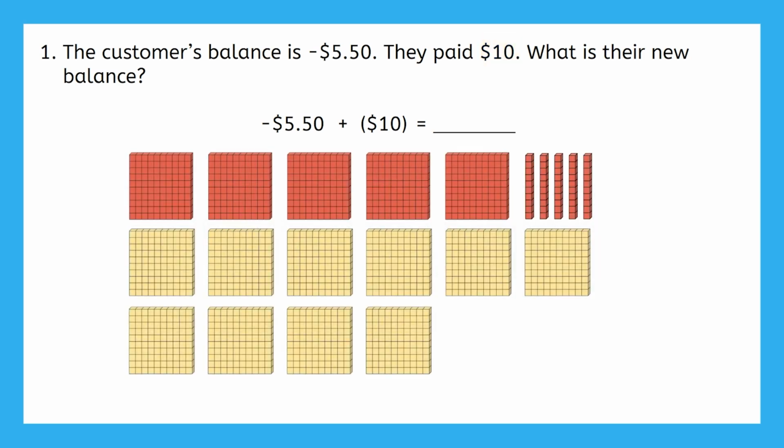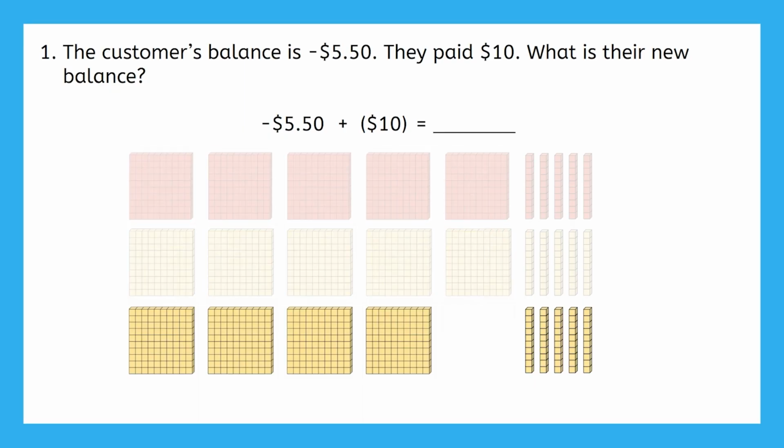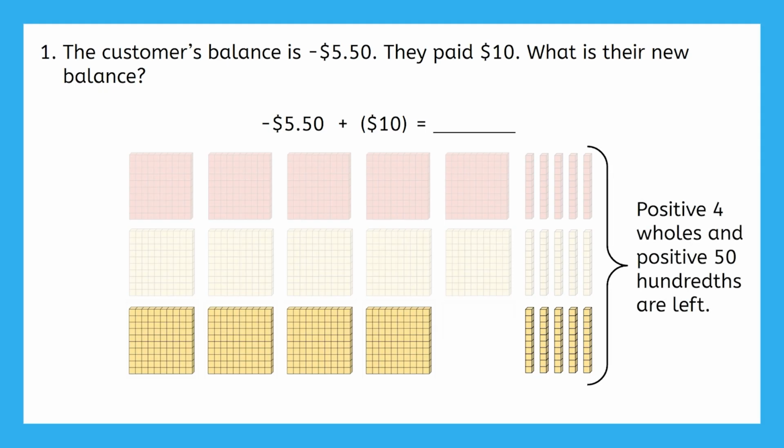We need to regroup one of the positive wholes so we can cancel 50 negative hundredths and 50 positive hundredths. We also can cancel 5 negative wholes and 5 positive wholes. Positive 4 wholes and positive 50 hundredths are left, which represents $4.50. The answer is positive because they paid more than they were charged.